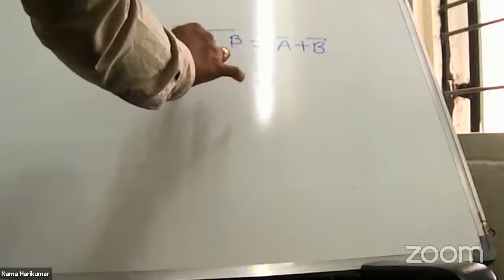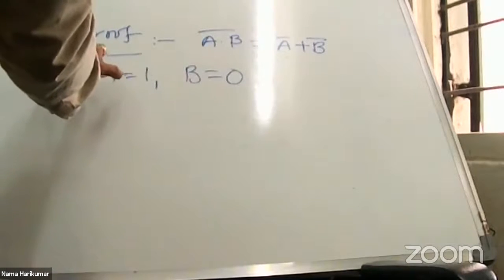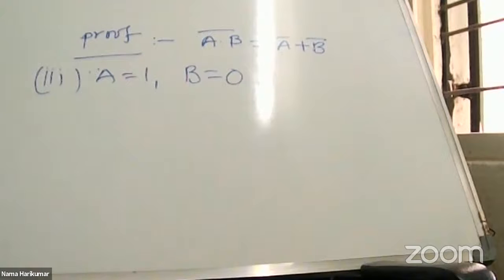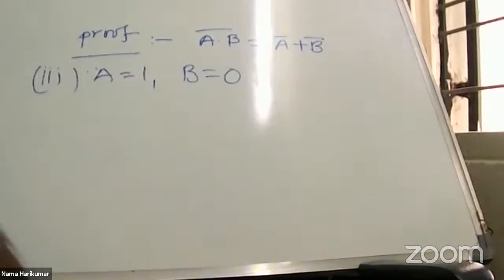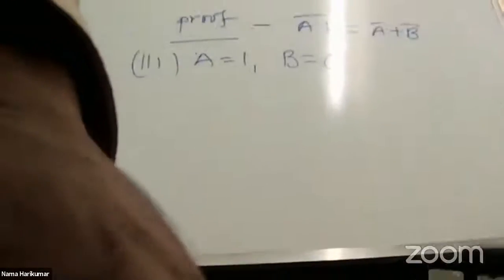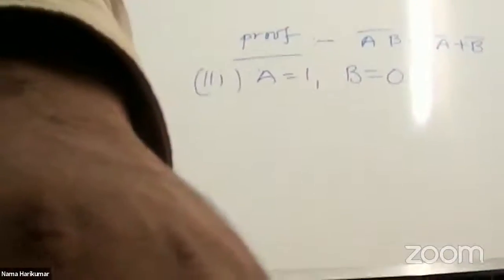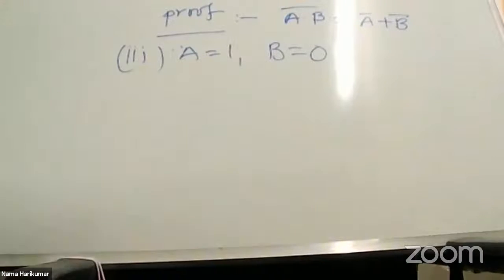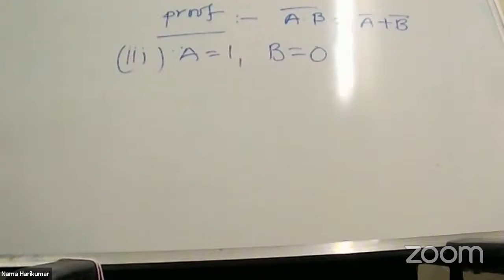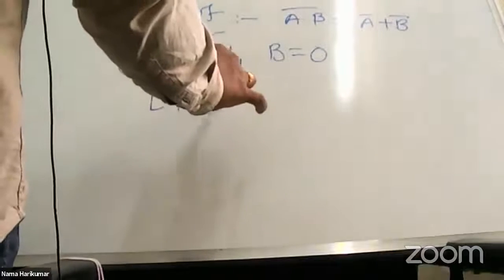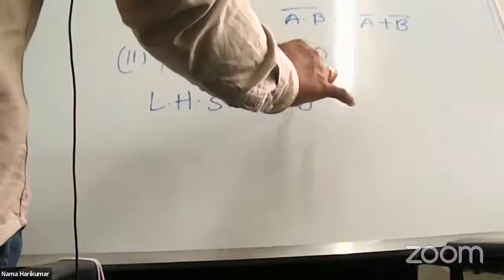A equal to 1 and B equal to 0 is the third one. Right. So in this one, LHS: A dot B complement value.